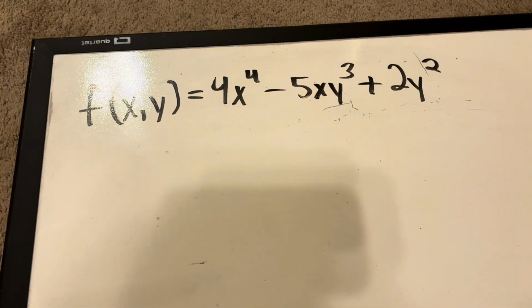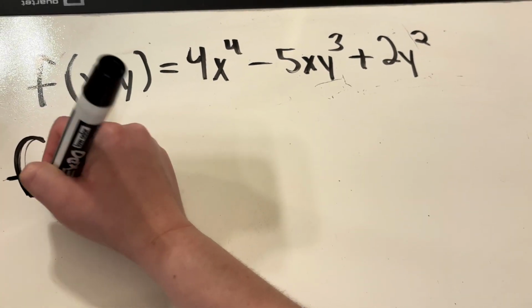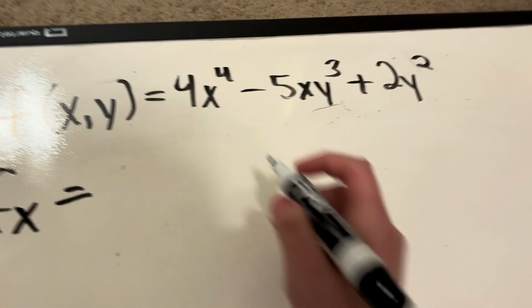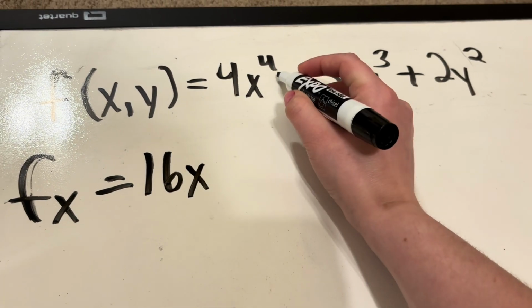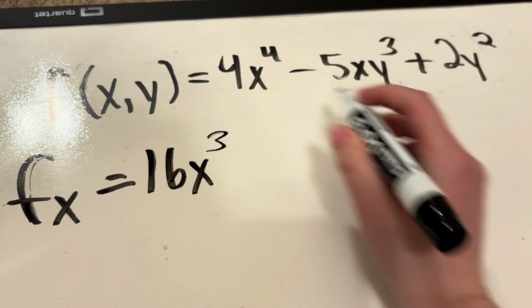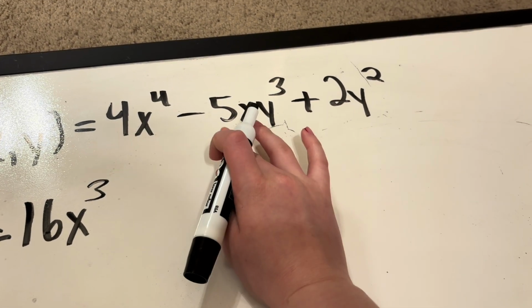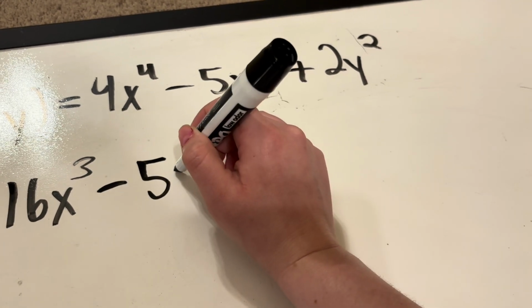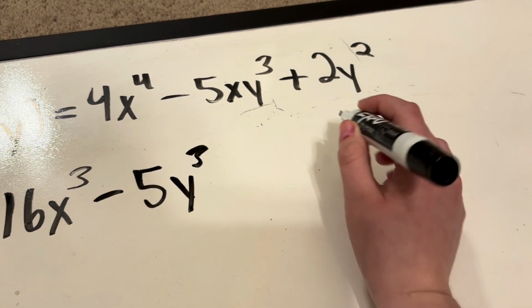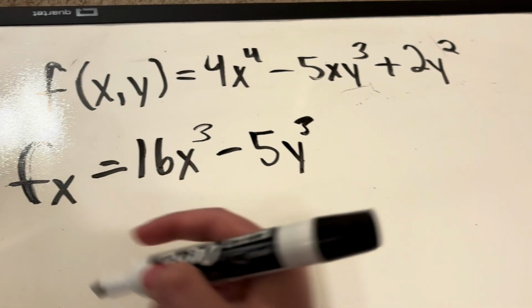So here I have the equation, and we're going to start with taking f of x. We're going to have 4 times 4, 16x, 4 minus 1 is going to be 3. Here we're going to take the derivative of negative 5x, that will leave us with negative 5, adding y to the 3rd, and we'll now be taking the derivative of 2y squared.